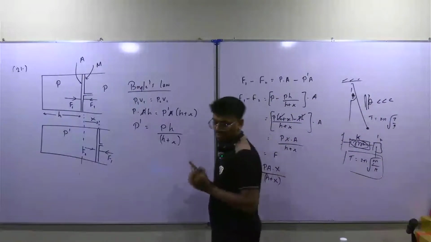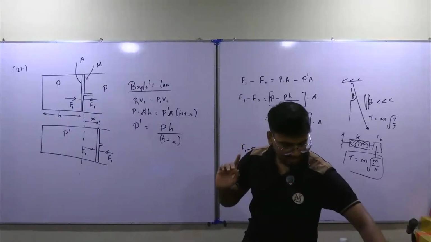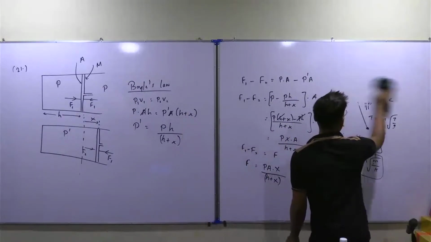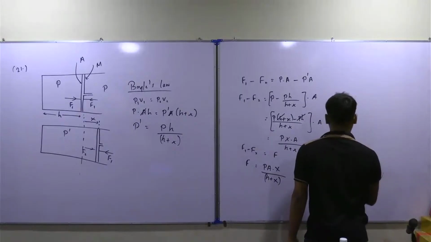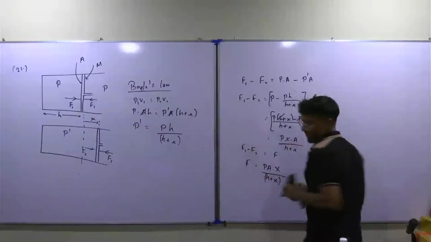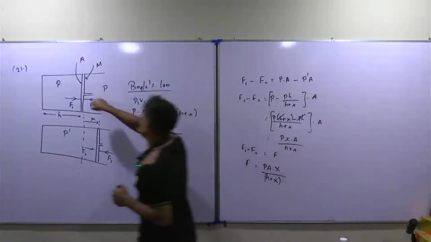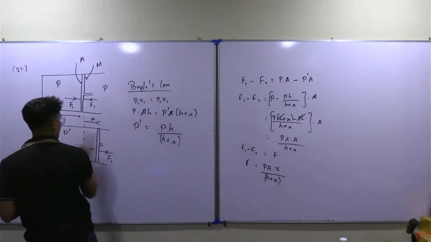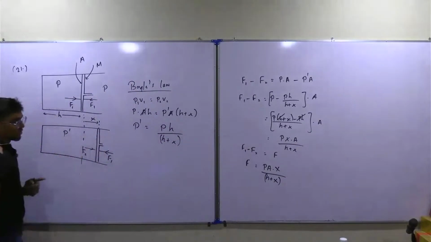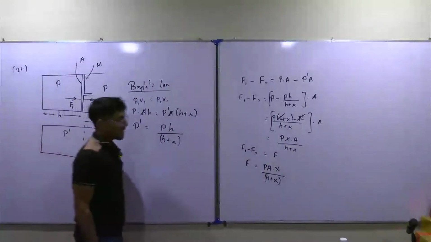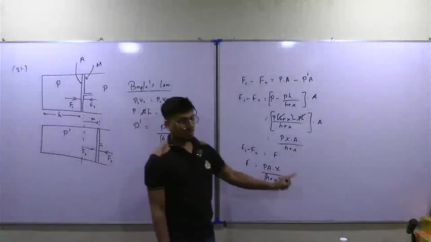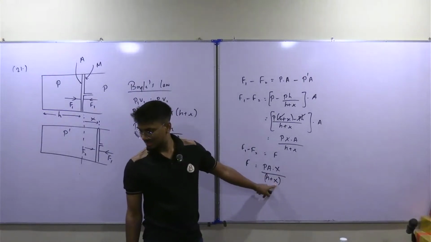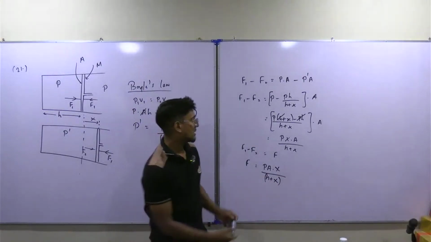So now they have given that the piston oscillates simple harmonically. That is given. So that means when you drag this piston and release, it will oscillate as a simple harmonic motion. So for this to be a simple harmonic motion, F should be directly proportional to X. But there is another X in this place. So we have to take an assumption.